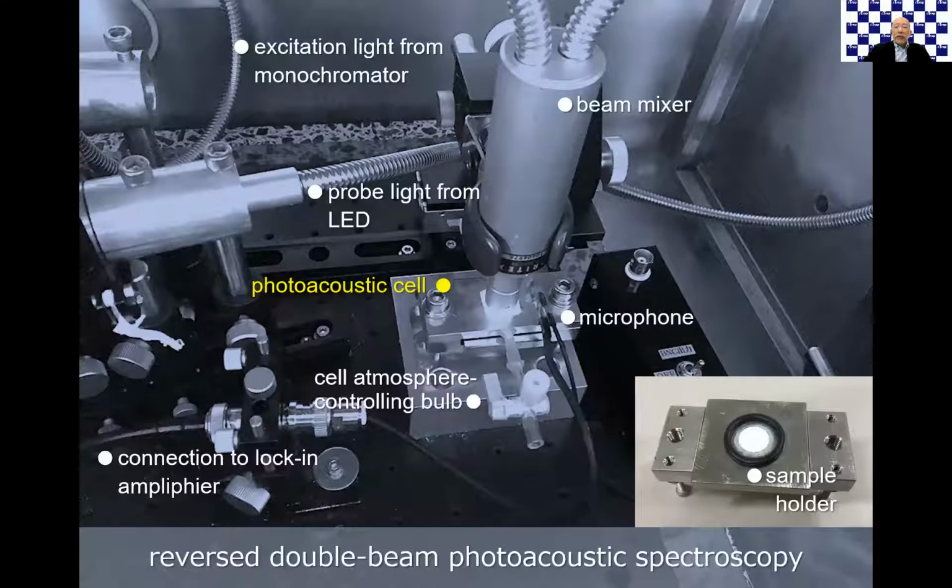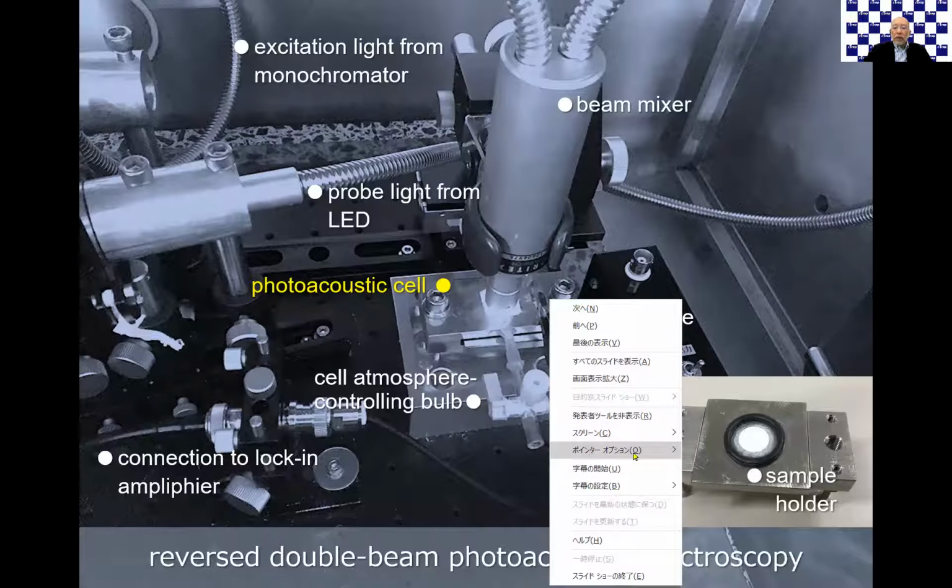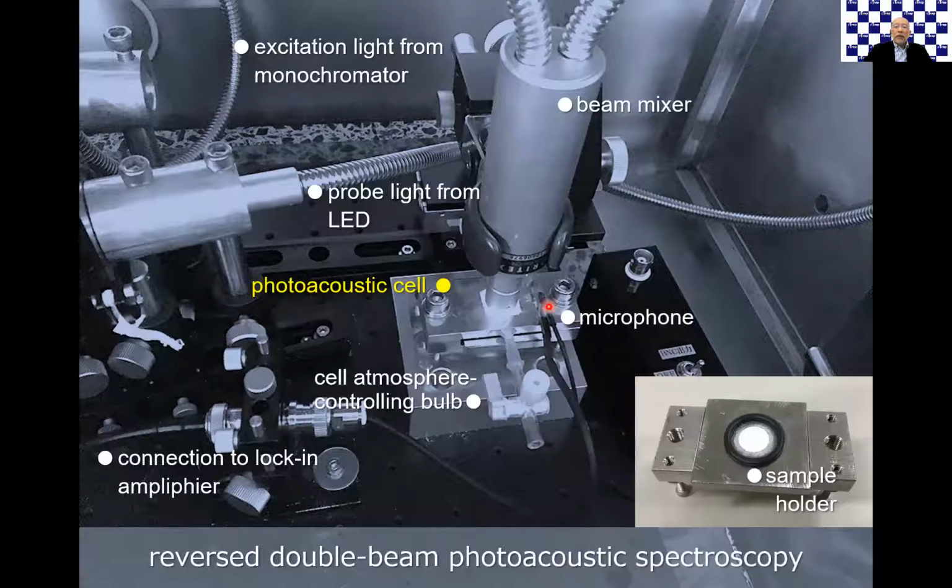This is the setup. This is the main part of the cell with the microphone here. Two light beams are introduced. One is the excitation light, and one is the detection light, and they are combined into one beam to be introduced into the reaction cell, the measurement cell.